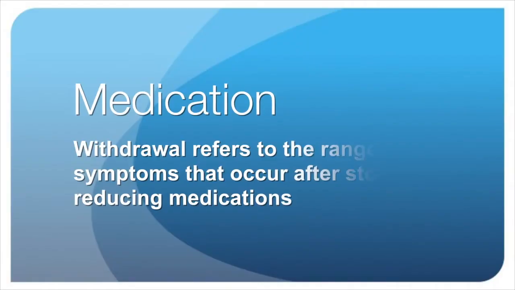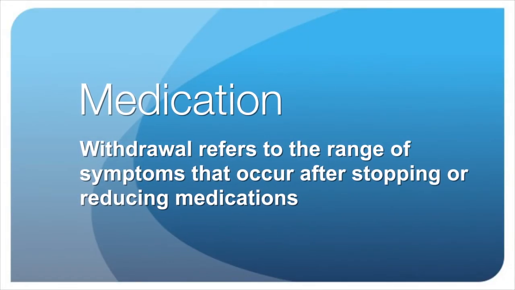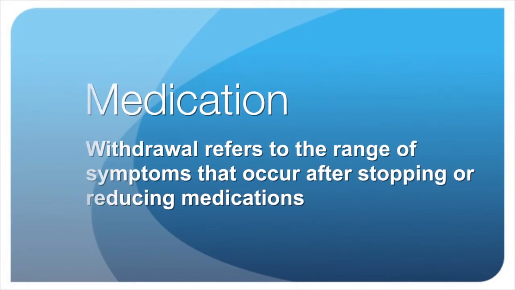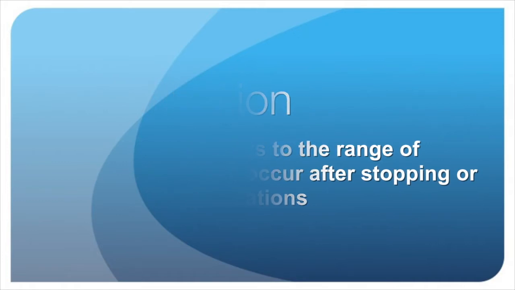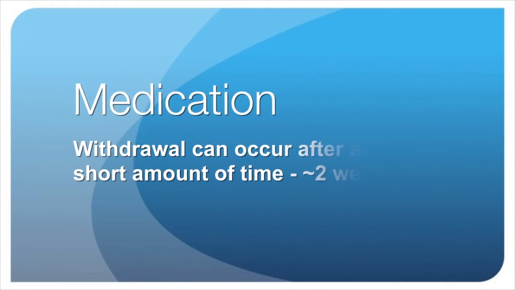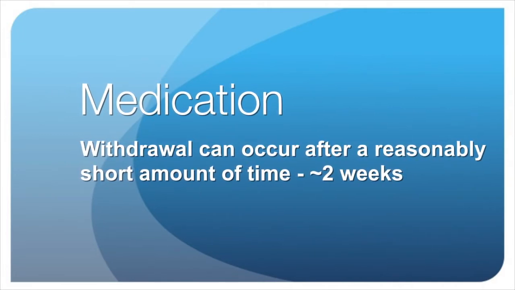And the sickness syndrome is called withdrawal. Withdrawal syndrome can be variable depending on which medication you have been on and have reduced or stopped taking. The withdrawal syndrome is masked or avoided by continuing to take the medication. A withdrawal syndrome typically occurs within about 2 weeks of reducing or stopping a medication.